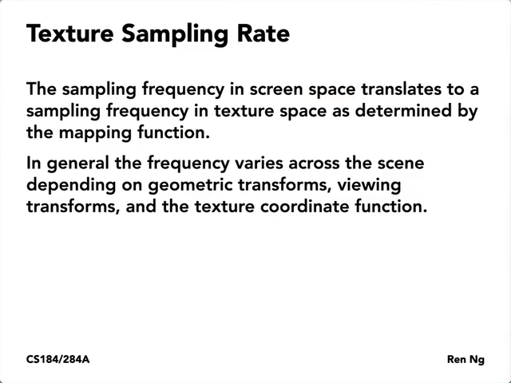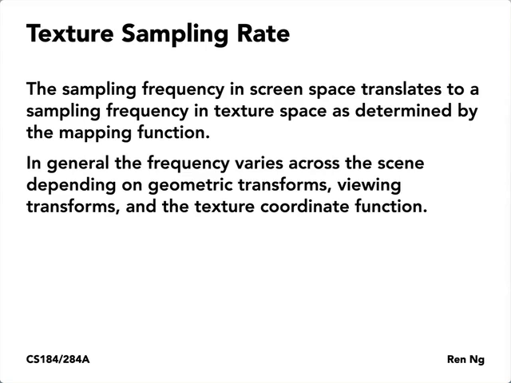In general, that frequency varies across the scene depending on a lot of things. We should note that it's quite a complicated mapping in general. It can take on a lot of different nonlinear characteristics. It depends on the geometric transforms in the scene. It depends on the curvature of the geometry in the scene. It depends on the viewing transforms. It depends on whether we have perspective or not.